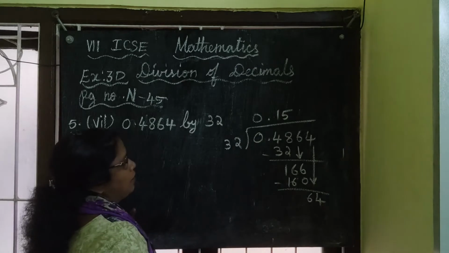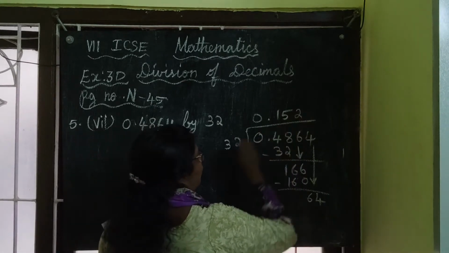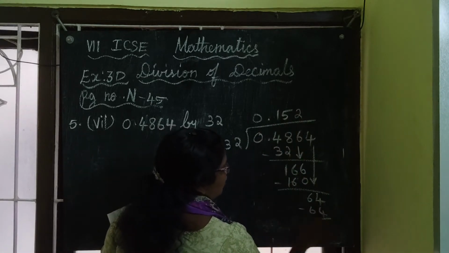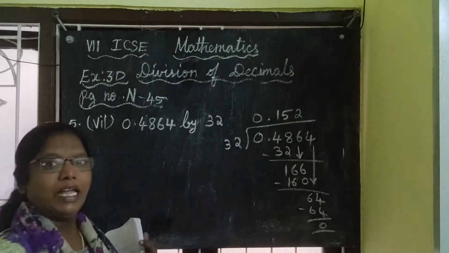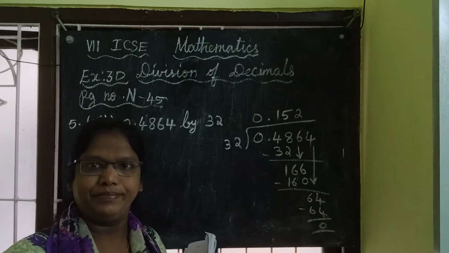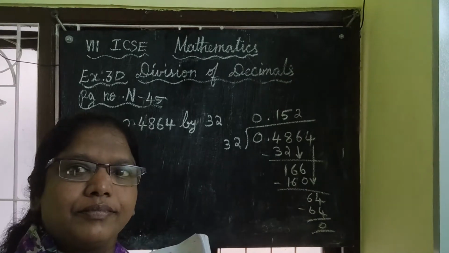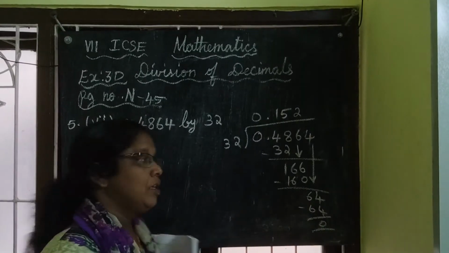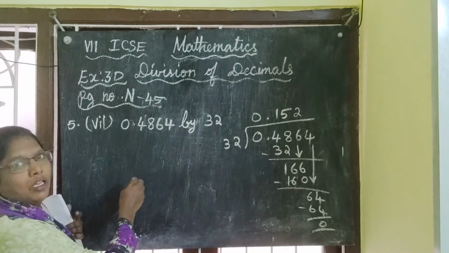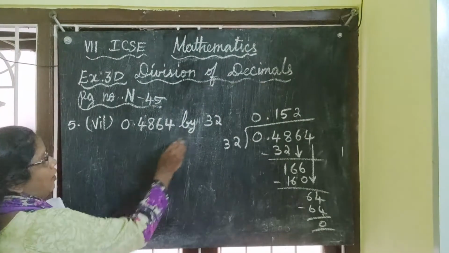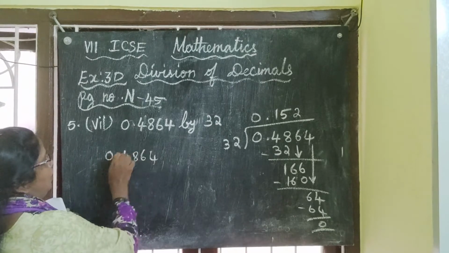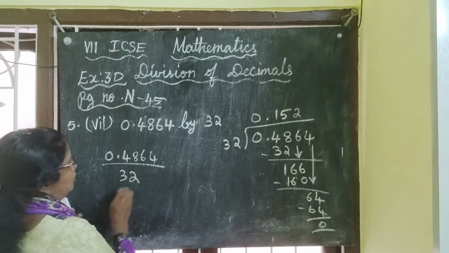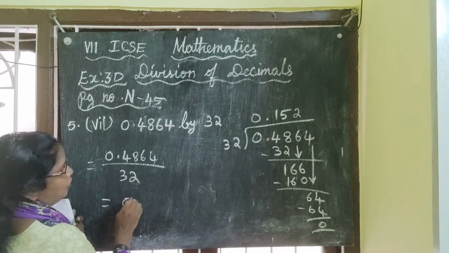So how many times is it? 2 twos are 4, so 2 times. 2 twos are 4, 2 threes are 6, 64. So it divides exactly. So your answer is 0.4864 divided by 32 is equal to 0.0152.